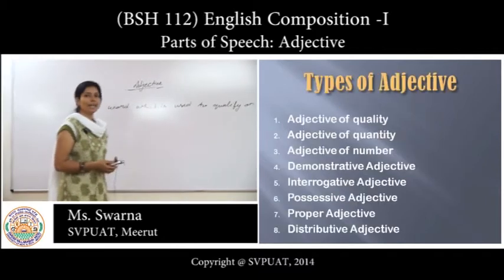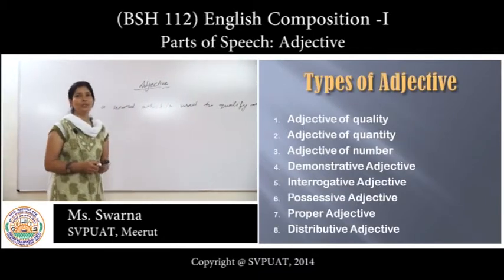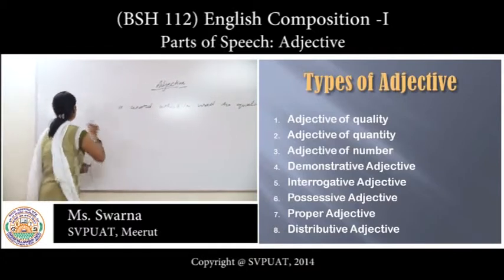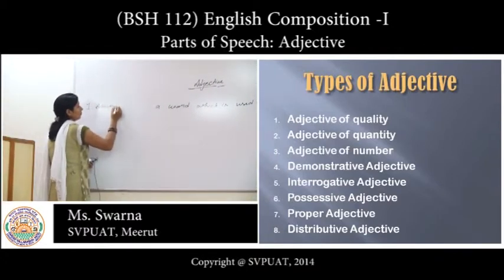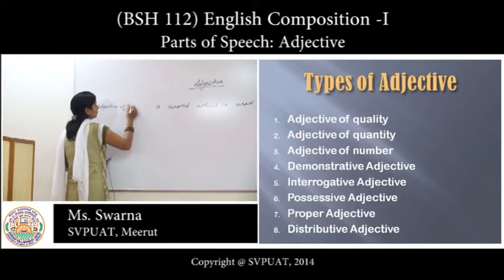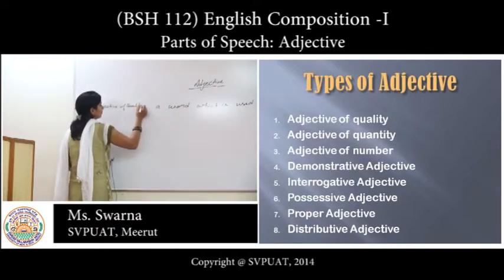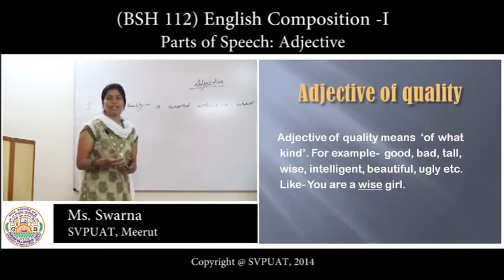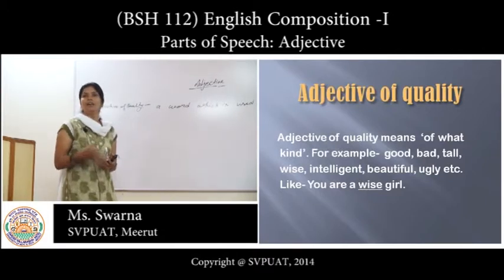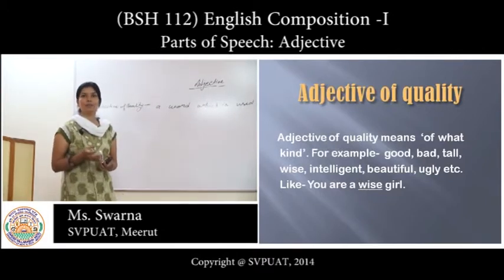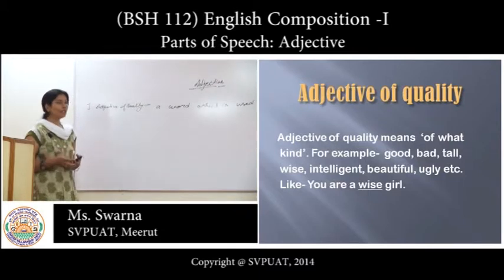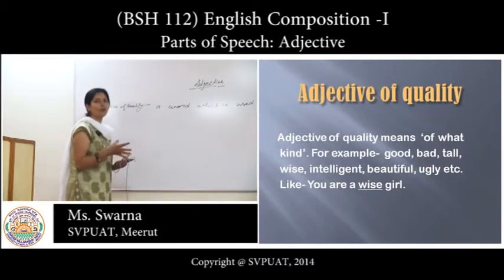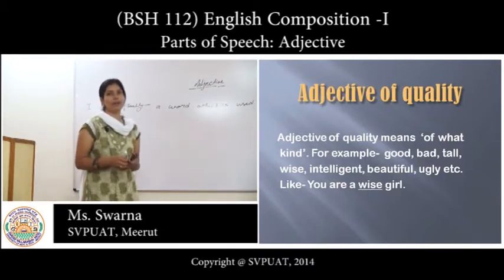There are many types of adjective which are used in a sentence. The first one is adjective of quality. We use some words like good, bad, red, blue, intelligent, wise, brave, coward. These words are in the category of adjective of quality, because these words denote only the quality of the noun and pronoun.